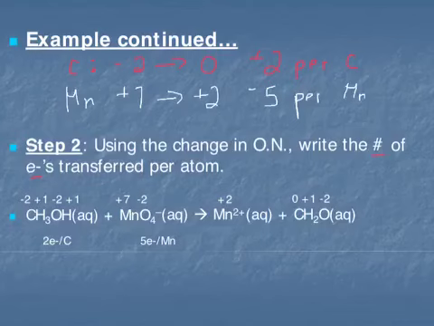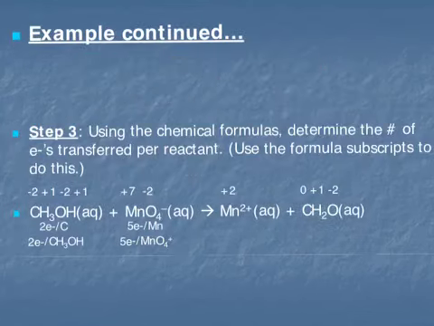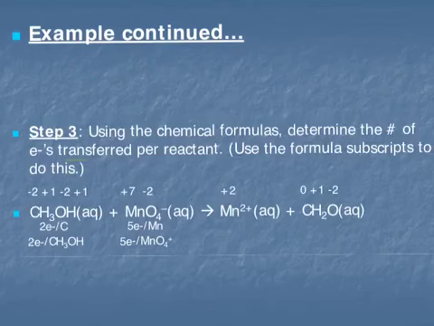So we know that carbon lost 2 electrons because its oxidation number went up by 2, whereas manganese gained 5 electrons per atom because its oxidation number went down by 5. The next step, after we determine the number of electron change per atom, is to determine the number of electrons transferred per molecule of reactant.